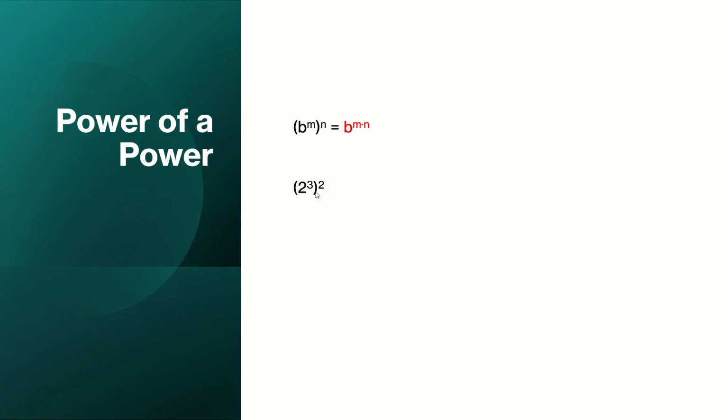Since it is being raised to 2, we multiply the exponents. Now 3 times 2 is equal to 2^6. We then multiply the base within the exponent. Therefore, 2 times 2 times 2 times 2 times 2 times 2 is equal to 64.